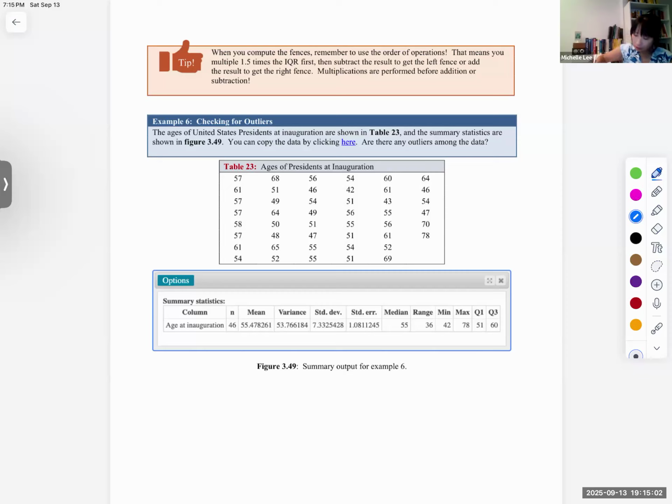Okay, let's do it. So lower fence is Q sub 1 minus 1.5 times IQR. What was the IQR? There is the IQR, so when you use StatCrunch, it finds it for you. So you don't have to work more, right?